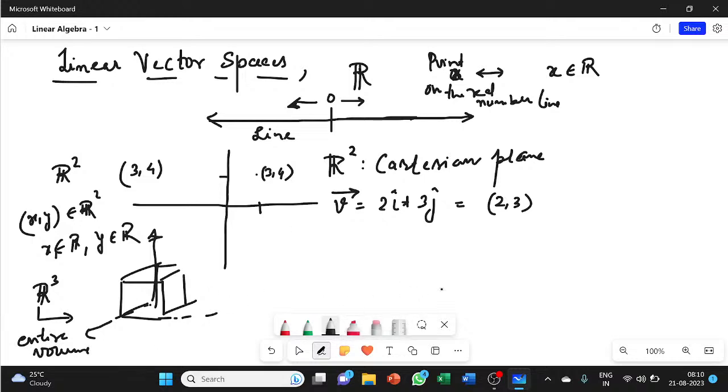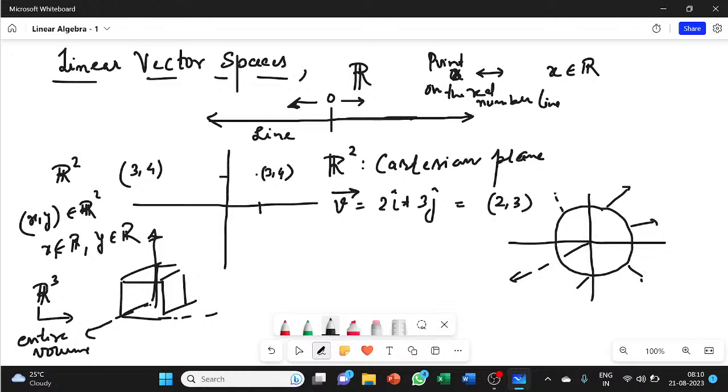So you can represent it in this manner, you can represent it in this manner as well. An ever extending sphere, it's not two-dimensional, mind you, this is three-dimensional. So an ever extending sphere, or you can say a ball in three dimensions, would actually cover all of R cube.